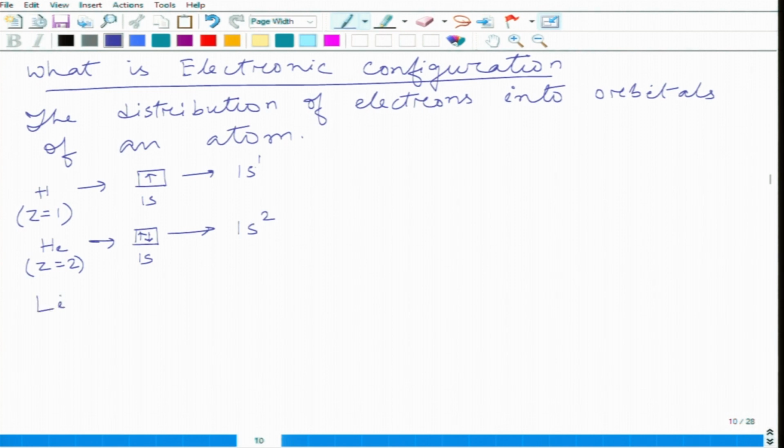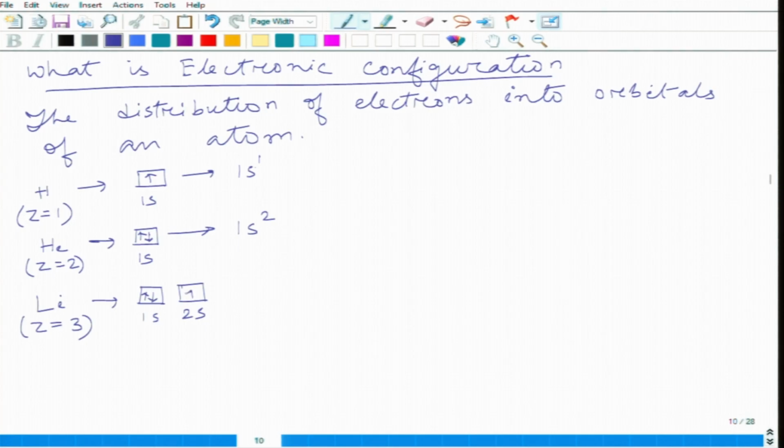The third is lithium, Z equal to 3. First is 1s, and now 2 electrons are occupied. For the third electron, we need to put it in the next subshell, that is 2s. We know according to the Aufbau principle which subshell will come after which.